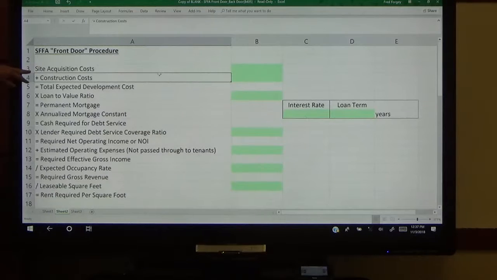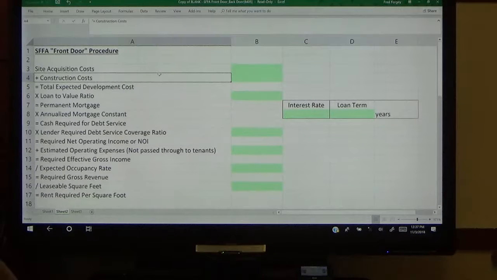The front door approach, you start out with a handful of givens about what you paid for the property in terms of the land, and then you add in your construction cost, and then you work toward what would be the rent required on a per square foot basis that you would need to charge for this property in order to fulfill basically all of your financial obligations and ultimately give you at least a baseline for feasibility, okay?